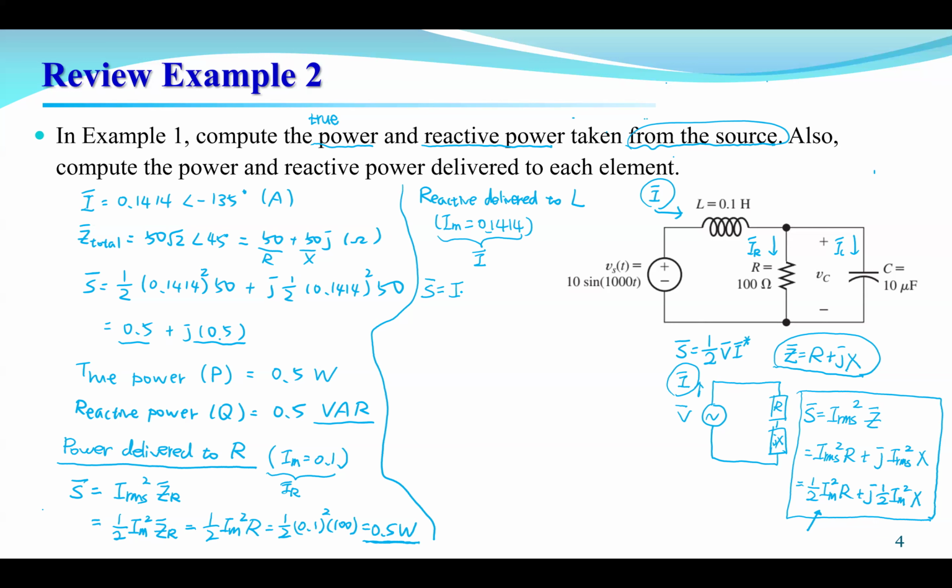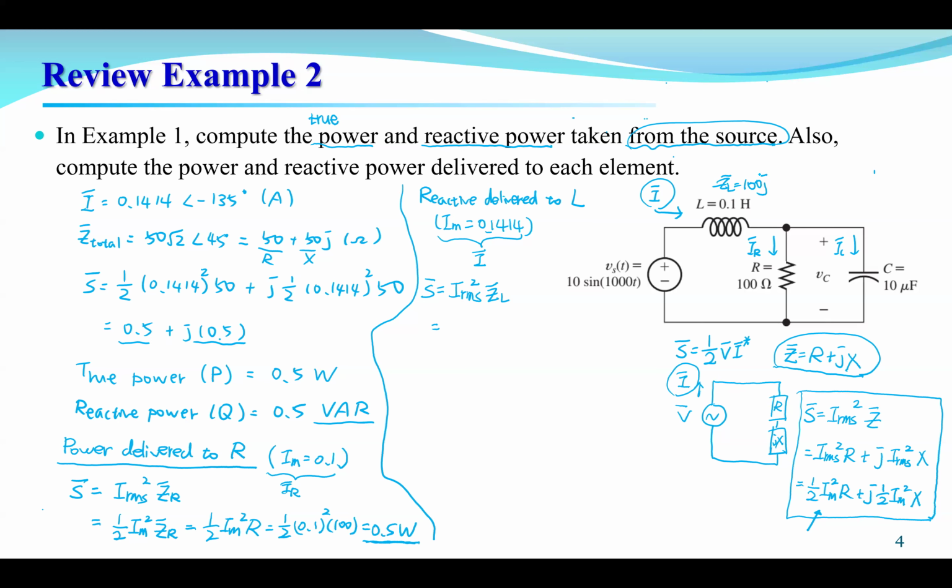We have I_RMS squared times Z_L. However, Z_L also only has an imaginary number, which is 100j.